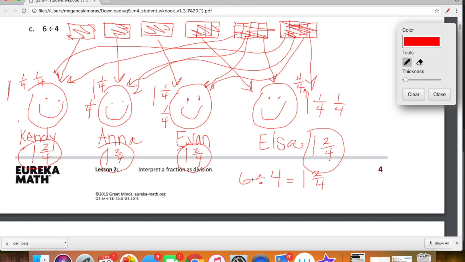So we can say 6 divided by 4 is 1 and 2/4, or we can say that 6 divided by 4 is 4/4 plus 2/4, which is 6/4. 1 and 2/4 and 6/4 represent the same amount. Very interesting.